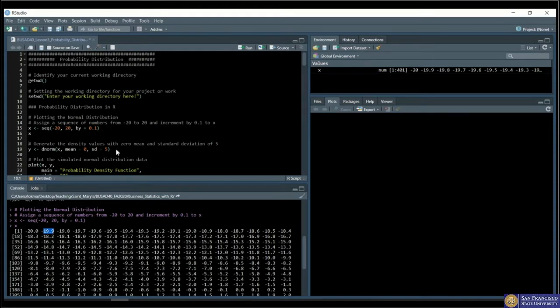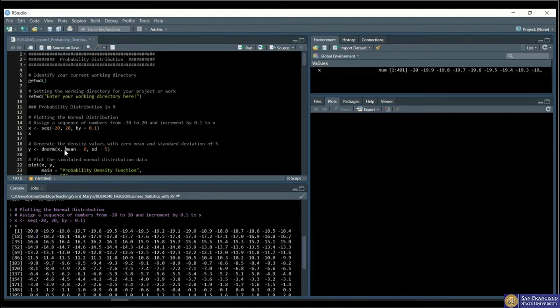Then we are going to create the y values. We want to create the distribution density values by using the dnorm function. The dnorm function allows us to create a distribution value at a particular point. So for -20, we are going to assign a value, which is the density value.